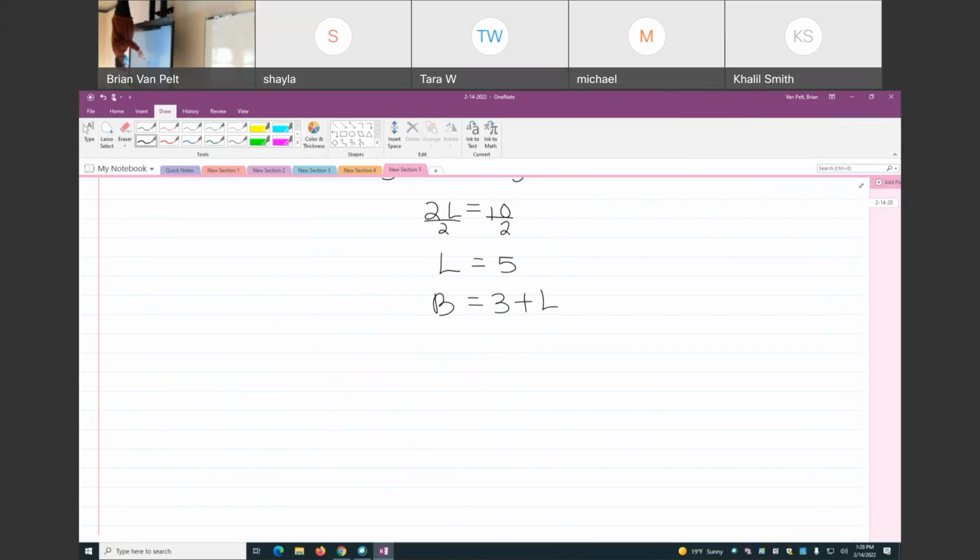So if you take that 5 and put it in there for L, we have Bolin, 8 colleges. And Lily, it's 5 colleges.